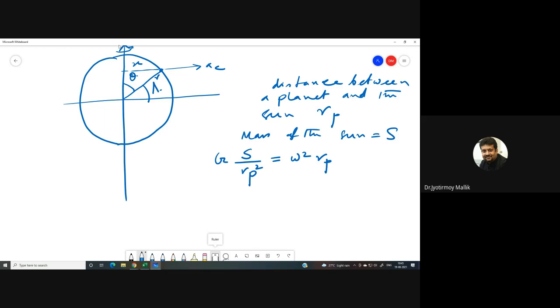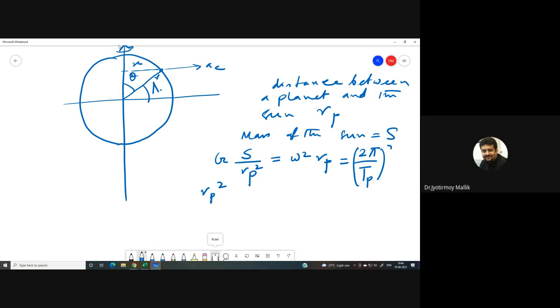Now, if I rearrange a bit, omega can be expressed as 2 pi by Tp, Tp being the time period and 2 pi being the periphery.